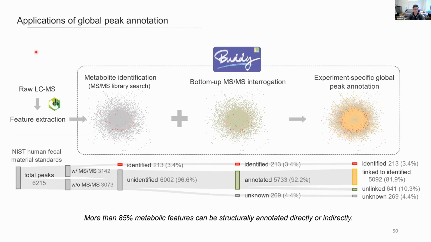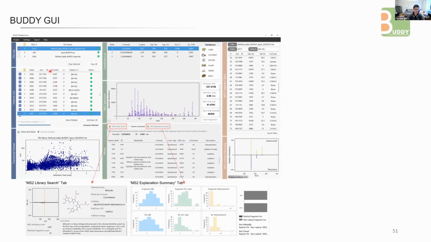We have a specific unit that can directly take the metabolomics data output from MS-DIAL. You can directly input the MS-DIAL output, and all the feature information is listed here, because the MS-DIAL output has the MS information. We can directly press compute, and then we'll run everything.